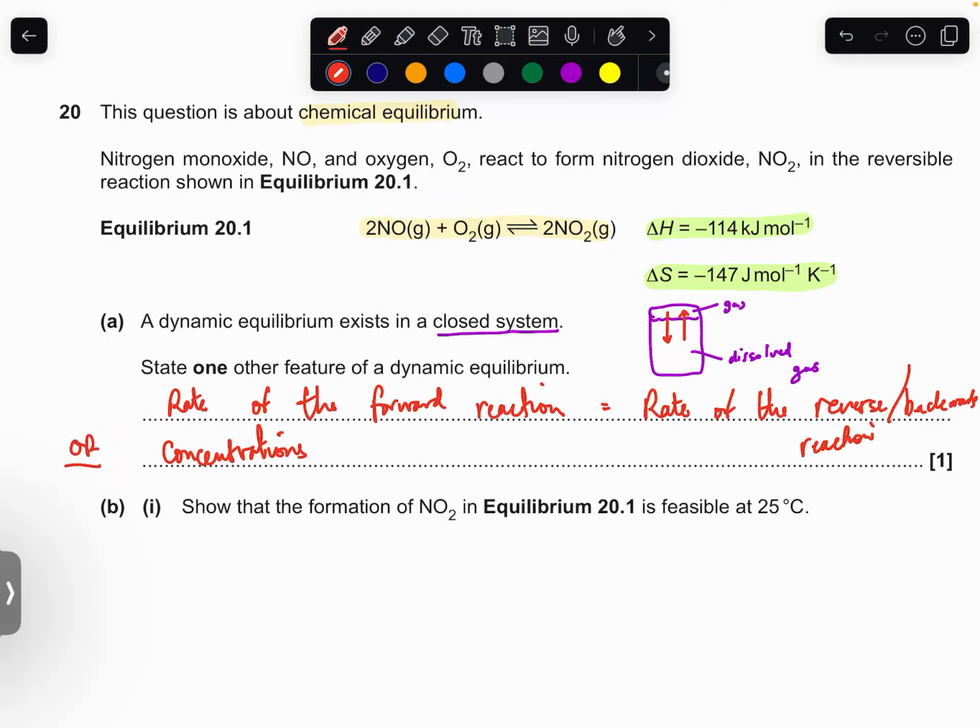You could write: concentrations of reactants and products remain constant. The mark scheme specifically says, do not allow "the same". No, no, no. They are not the same. They are constant. Constant means not changing. That's what it means when it's at equilibrium.